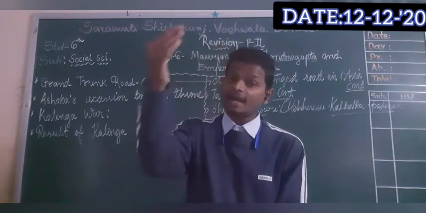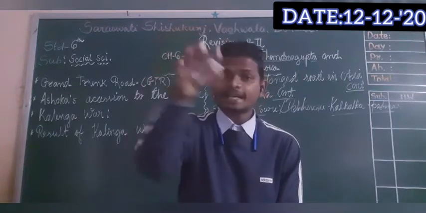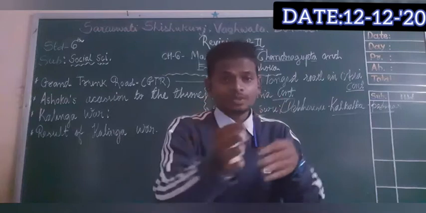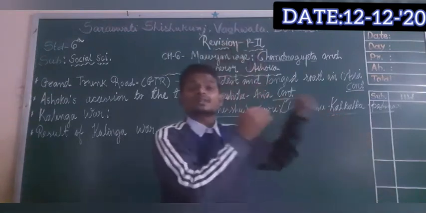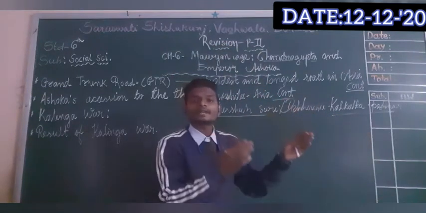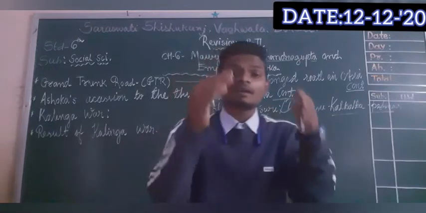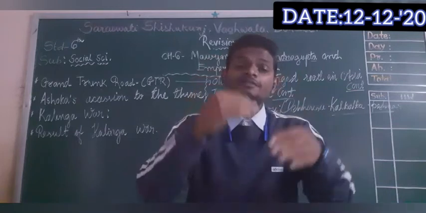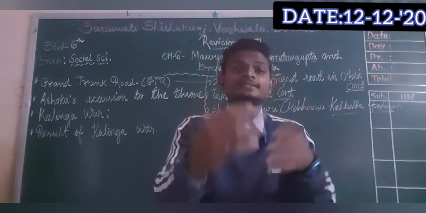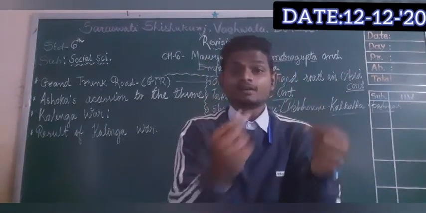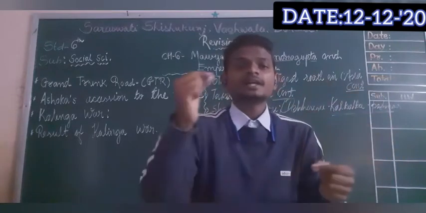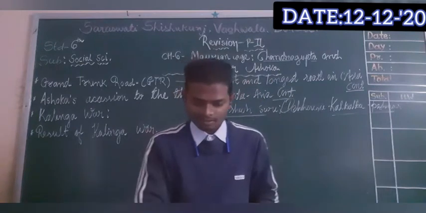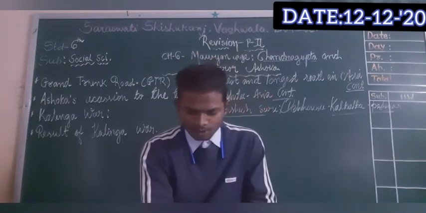We have already discussed why he was considered the greatest Indian emperor in Indian history, so we are going to revise some of the basic reasons. Yes, he belonged to the Mauryan dynasty.